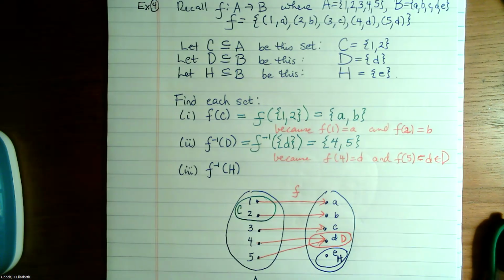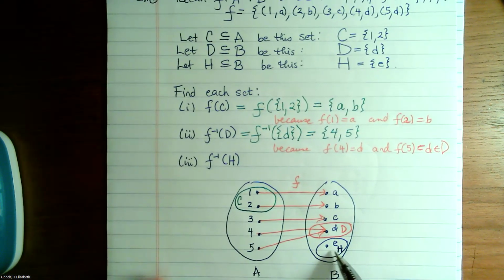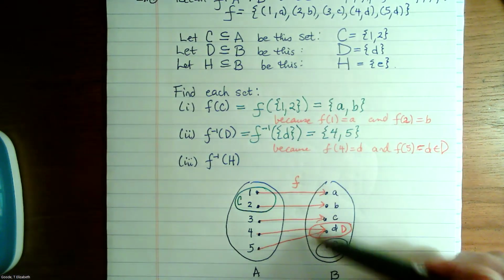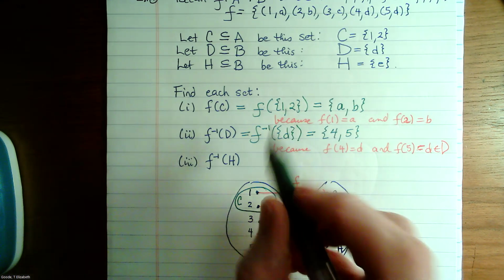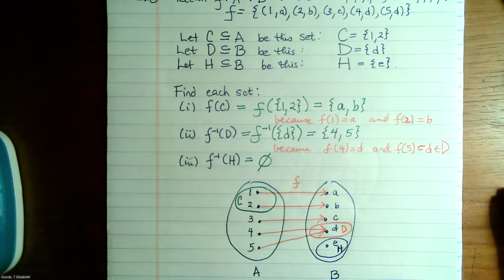Okay. What about f inverse of H? Here's H. H is the set that contains e, which is a subset of the codomain. Anybody got it? Is it an empty set? It is. It's okay for it to be empty. Why is it empty?